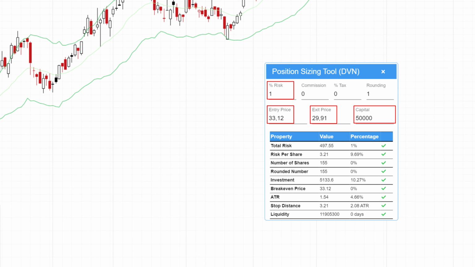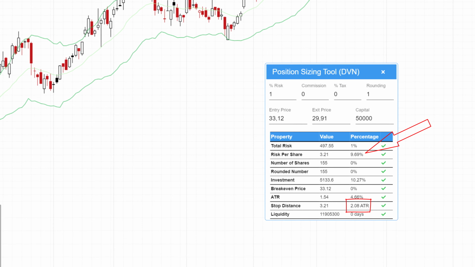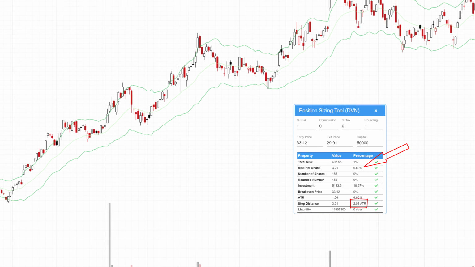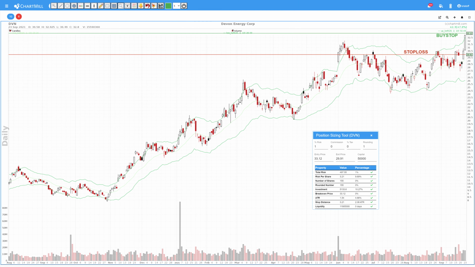For example, how many shares I may purchase, or what the risk per share is, but also how much the total investment amounts to and what percentage that is exactly of the available portfolio. In this example, the total investment equals just over 10% of the available trading capital. The stop loss is about 9% below the anticipated buy price, which corresponds to about 2 times the current ATR value. As you can notice, this position has never been at risk.